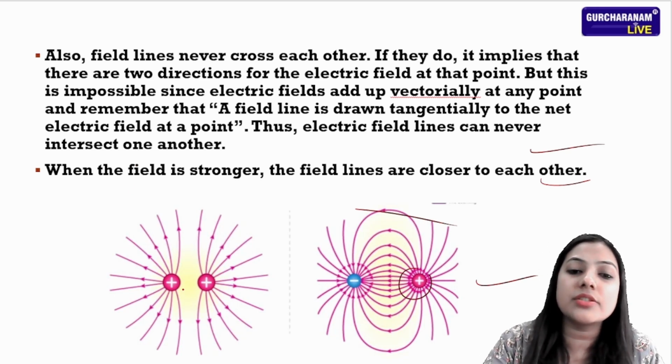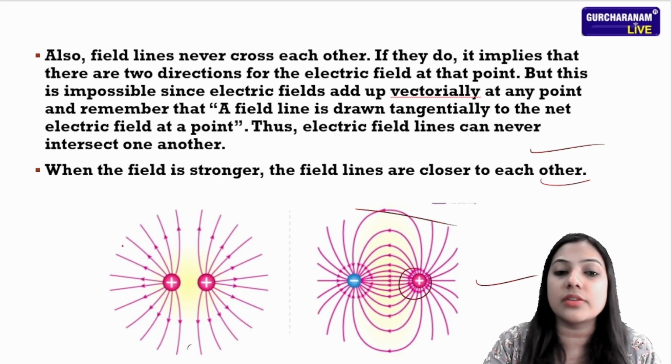This is the positive charge and all the rays originate from this positive charge. This diagram.